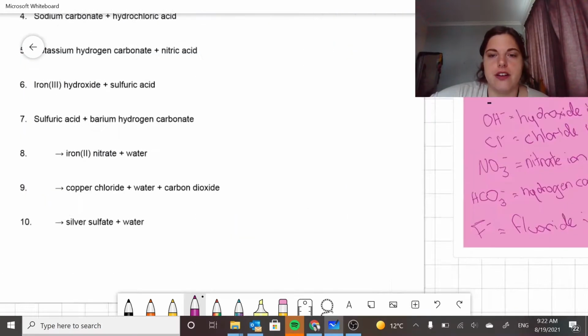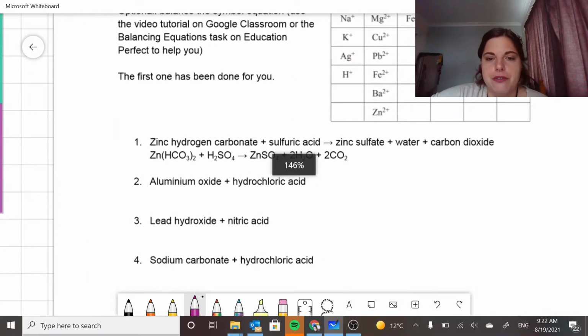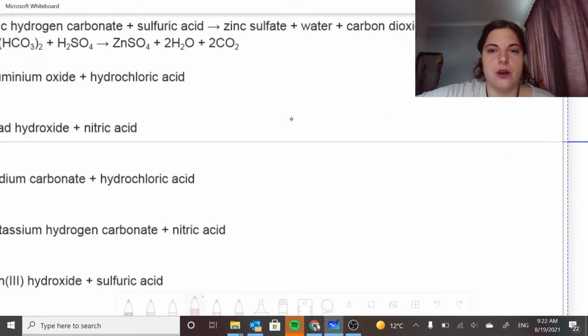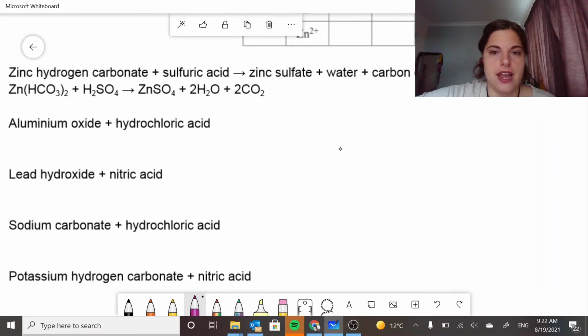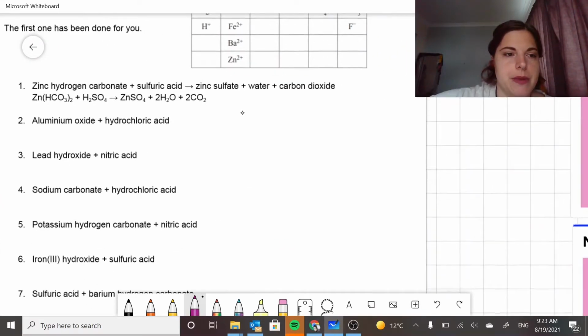Now, if I slide on over to the worksheet, for our first one, zinc hydrogen carbonate and sulfuric acid goes through zinc sulfate and water and carbon dioxide. So we'll start off with zinc hydrogen carbonate.